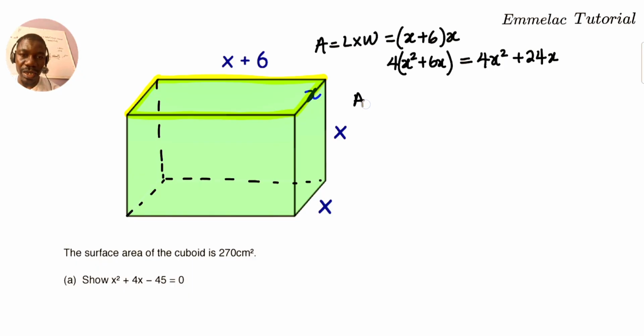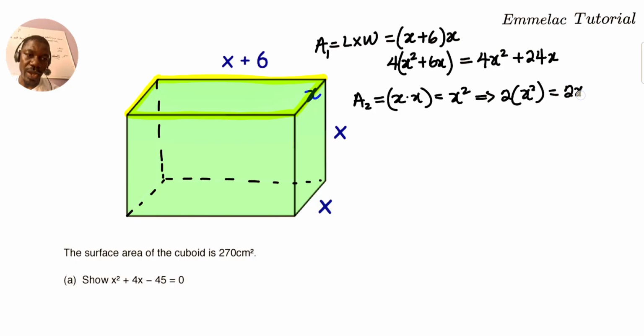Take note this is area 1, so area 2 gives us x times x, which equals x squared. We'll multiply this by 2 because we have 2 of such surfaces, which gives us 2x squared.